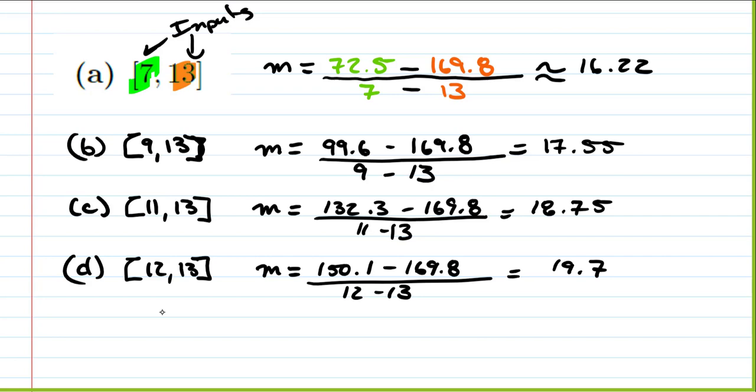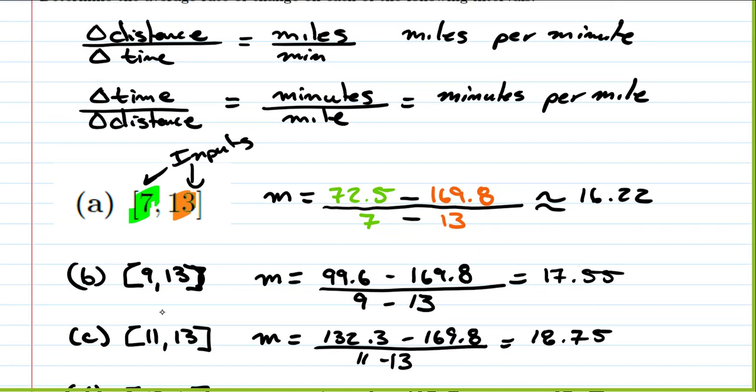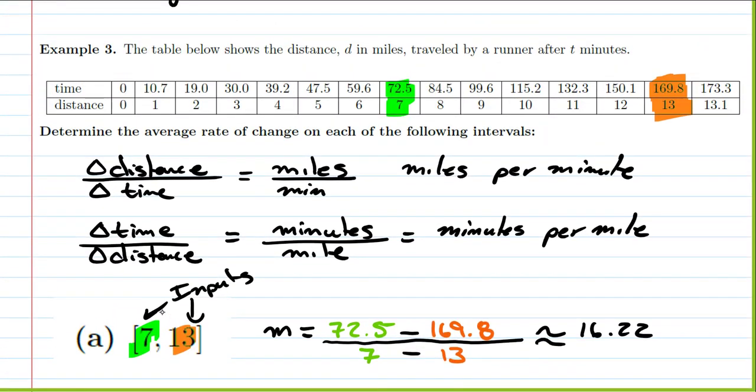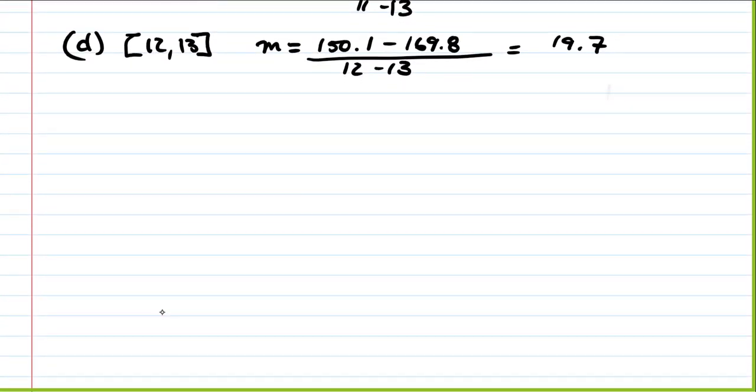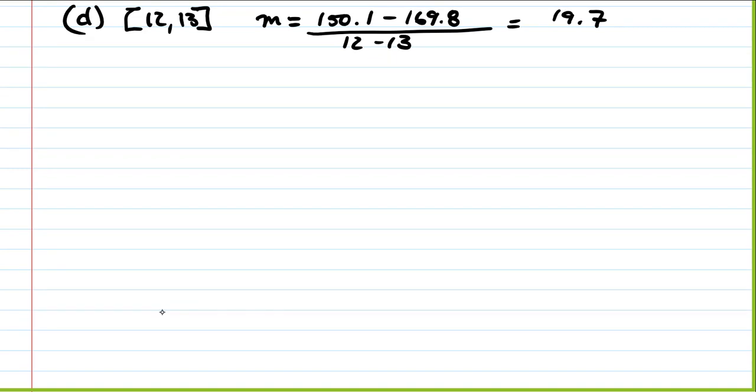So it's taking them longer to run each mile the further they are in the race. So towards the end, it looks like they got really tired running this half marathon, because when they finished at 13.1, it had taken 173.3 minutes. So that gives us the average rate of change on each of those intervals.